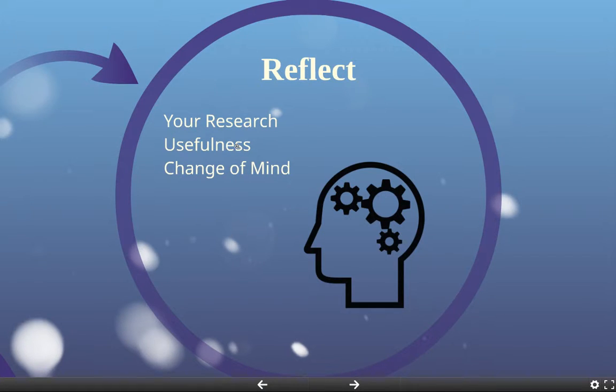You're also going to discuss whether or not the source was useful or helpful to you. And finally, you can also consider, did this source change the way you thought about your topic? So reflection is just getting the wheels turning about whether or not the source will actually fit in with your research.